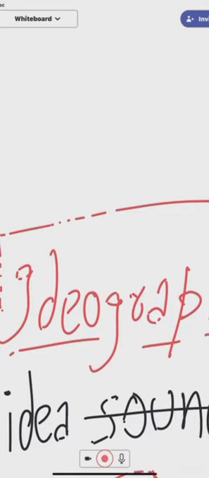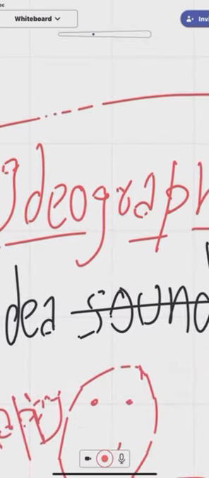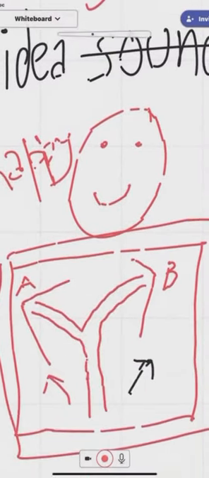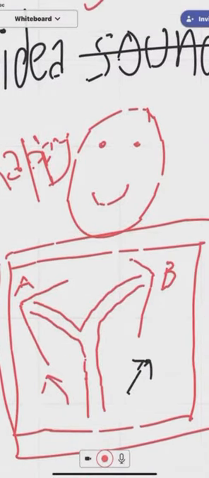An ideograph is any symbol that represents an idea or a thing rather than representing the sounds of that word, and is abstractly related to that idea or thing. For example, a smiley face represents happiness.